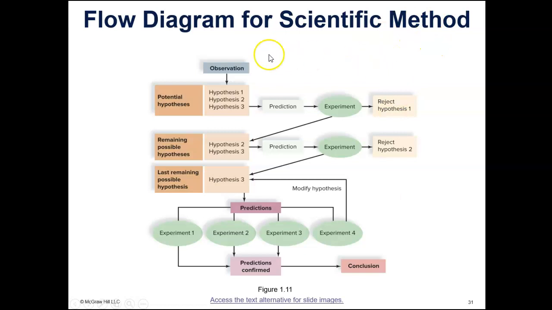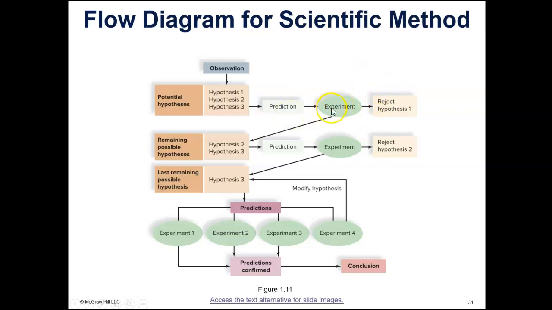If you look at the flow diagram, you're going to start your experiment with an observation or observations that lead you to formulating hypotheses. Your hypothesis is going to lead you to designing an experiment and making a prediction of what's going to happen in that experiment.